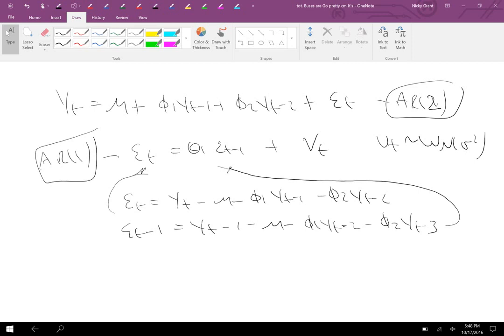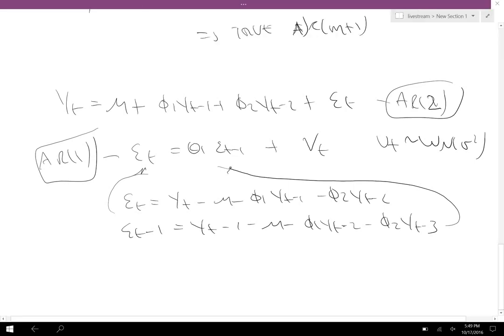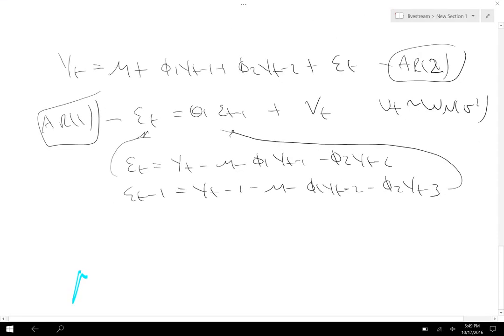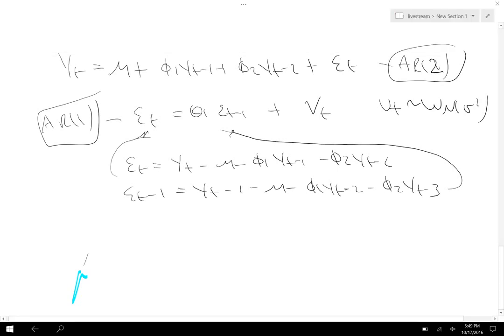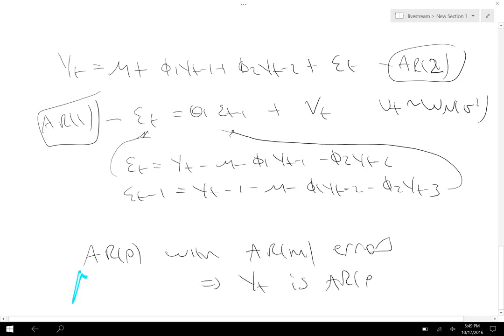If we have an AR(p) model with AR(m) errors, then the true y_t is an AR(p+m).